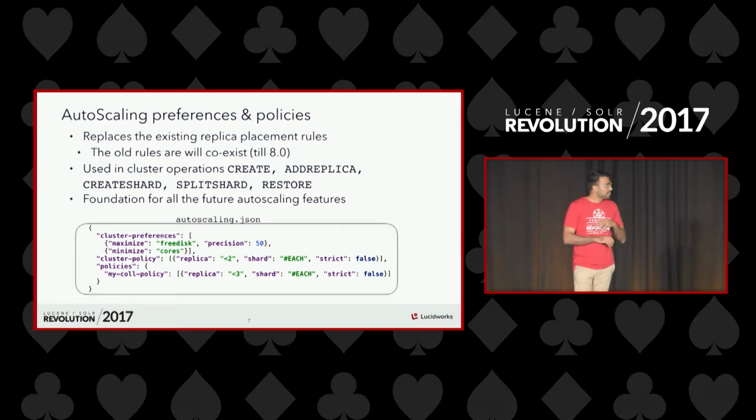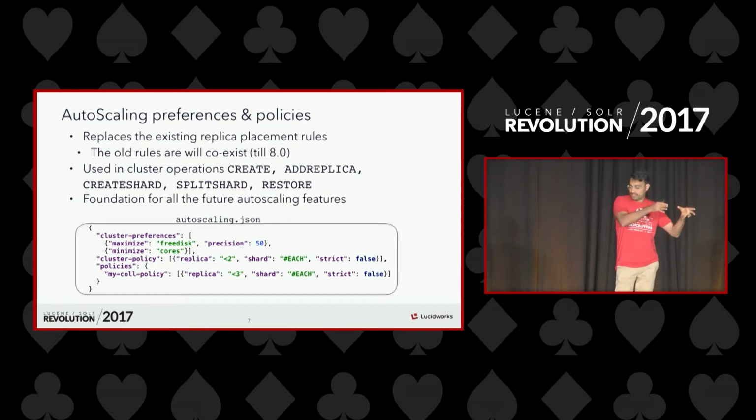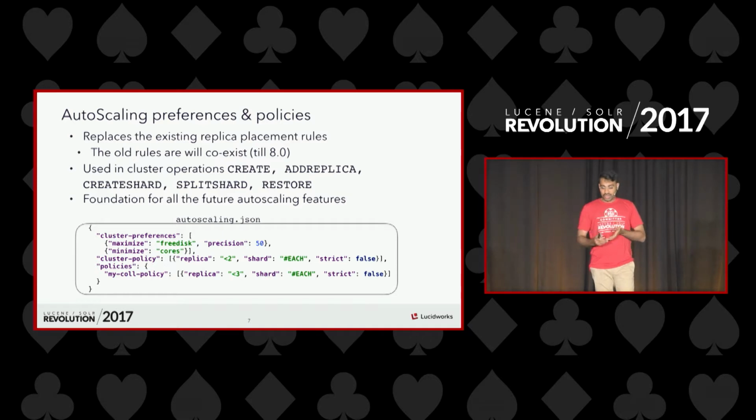So in 7.0, we can specify these rules, and they will be used in all the collection commands like create, add replica, create shard, split shard, and all that. Whenever you create these rules, they get persisted in Zookeeper in a file called autoscaling.json.